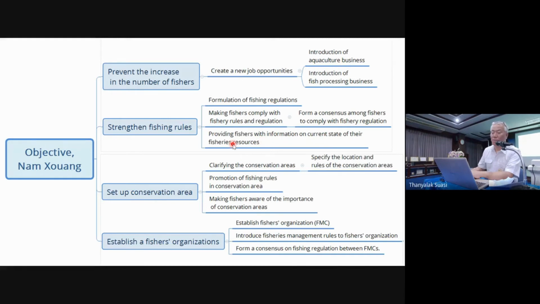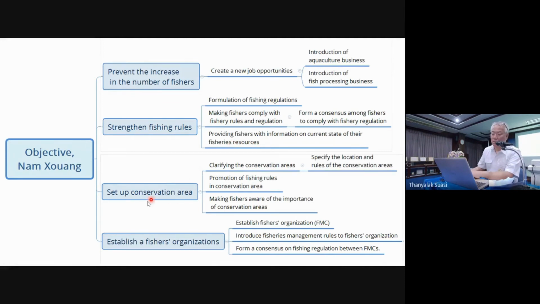This means that if the area is in a dangerous situation of fisheries resource stock, this information can increase fishers' awareness of fisheries resources.